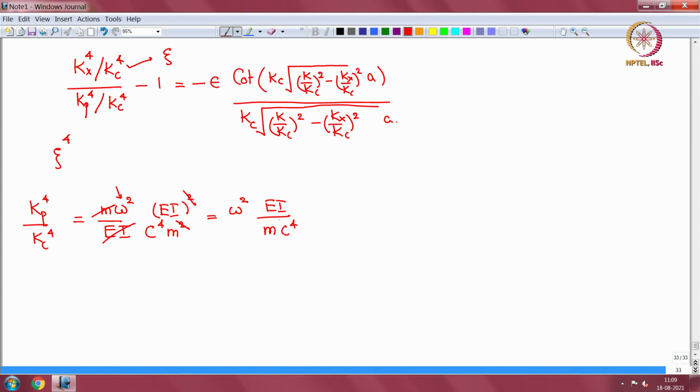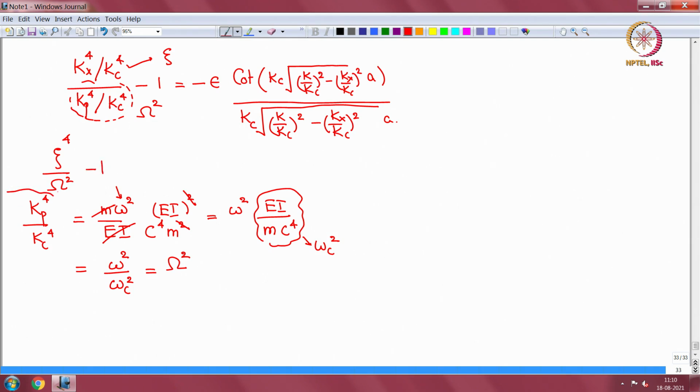So, this quantity, if you again see, is my omega c squared. So, what I have here, this entity is omega squared by omega c squared, which is my non-dimensional frequency squared. So, this entity in the denominator is non-dimensional frequency omega squared. So, I get here xi to the fourth divided by omega squared minus 1.